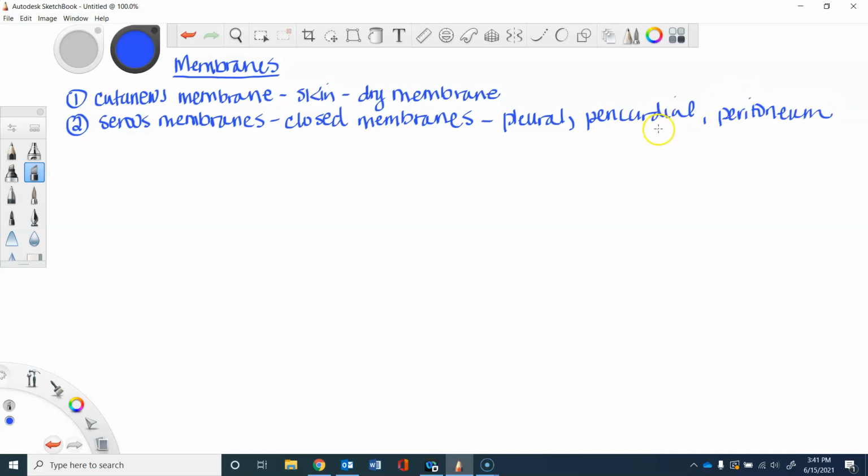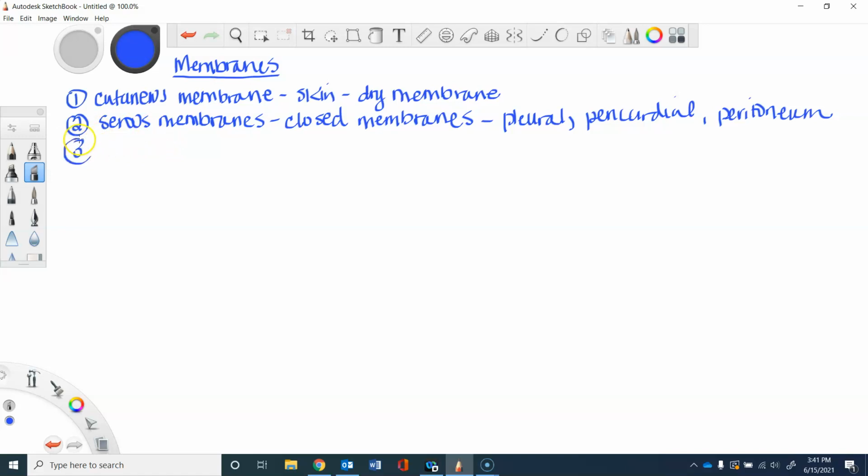Okay, so we'll be going over those as we go through the different organ systems as well. But you should be aware of what they are, and should know those by now because we already went over those.